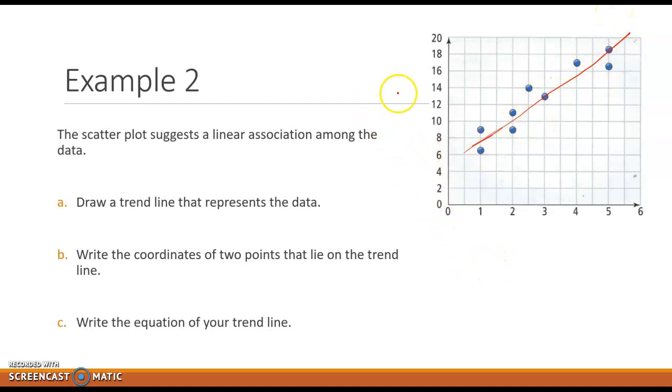So I say that's a good one, as good as it's going to get. All right. Now, we drew our trend line. Now we want the coordinates of 2 points that lie on that trend line. So this one falls at 2. And notice, I'm not picking one of my blue points unless I need to. I'm just picking a point here at (2, 10).